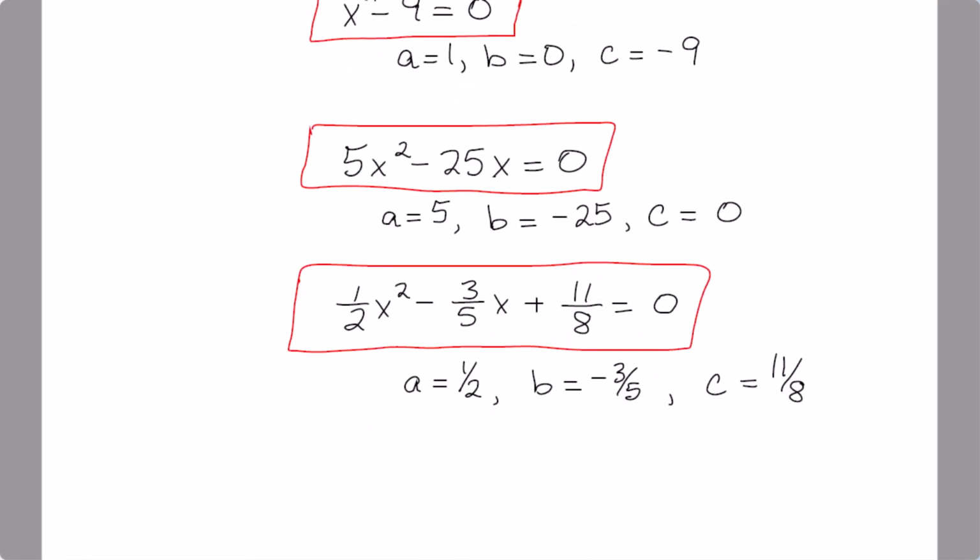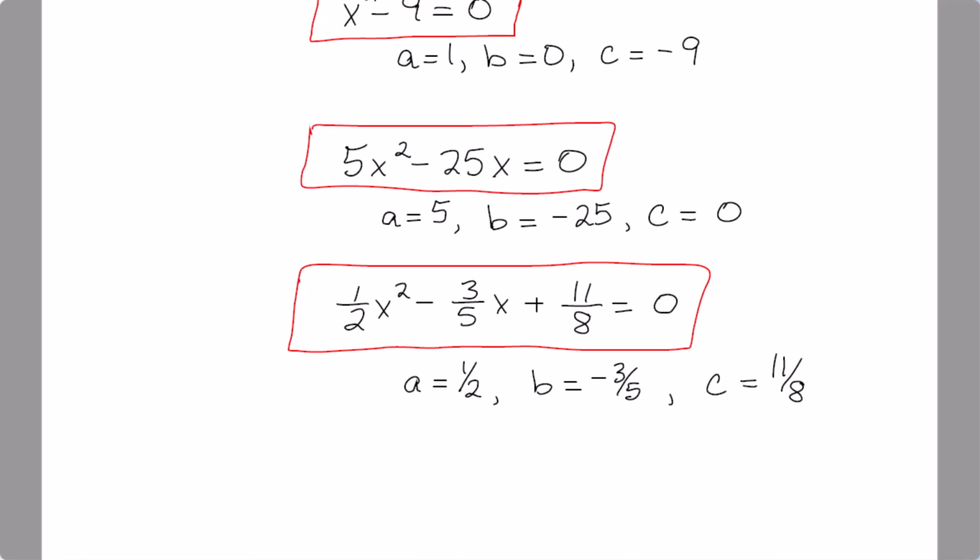All right, what about this one? 5x squared minus 25x equals 0. All right, A is 5, B is minus 25, but there's no number on the end, so C is 0. The A, B, and C could be fractions, in this case.